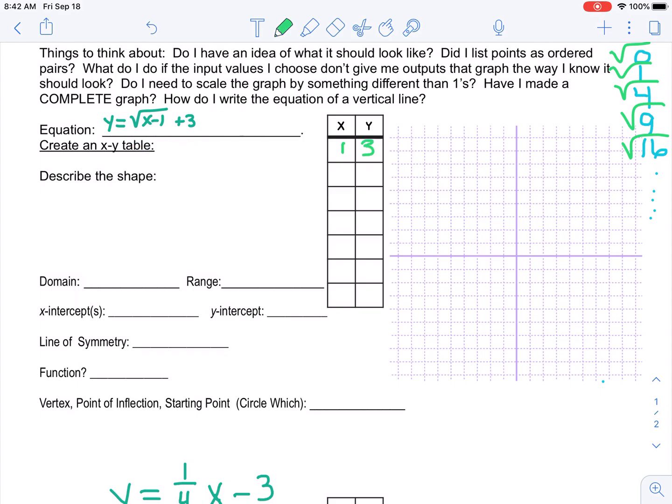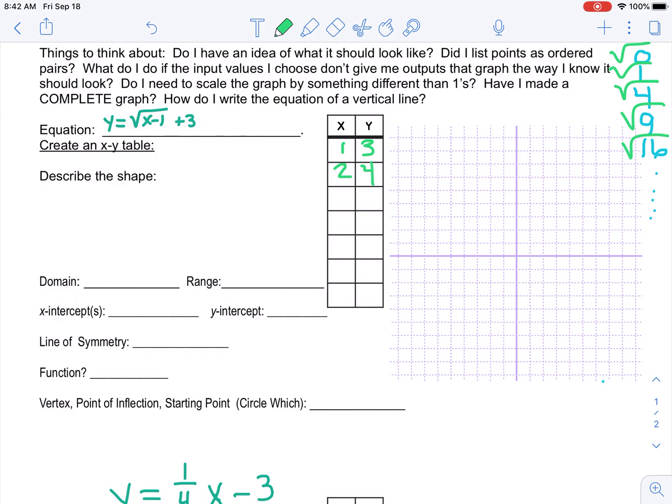The next perfect square is 1. So what number could I put here that's going to give me 1 when I subtract 1? That's going to be 2. So if X is 2, 2 minus 1 is 1, which is what we wanted. Square root of 1 is 1. And then add 3, and we get 4.